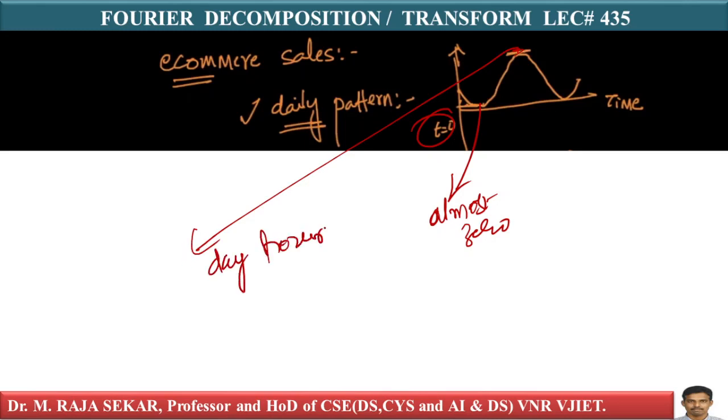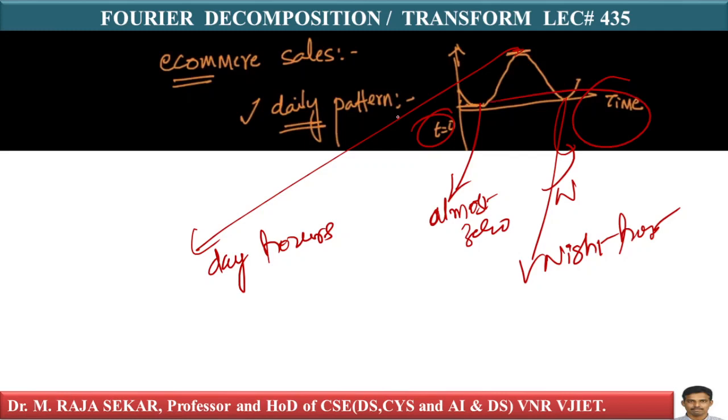During the day hours your sales increase, and during the night hours your sales again drop. This is the x-axis, and again you must understand the x-axis is time.